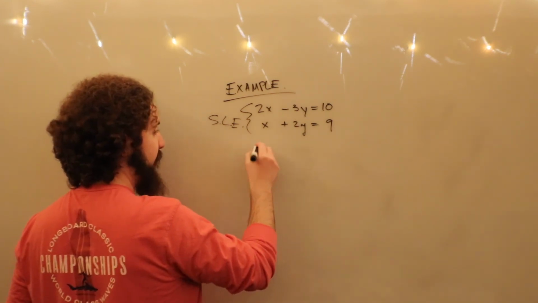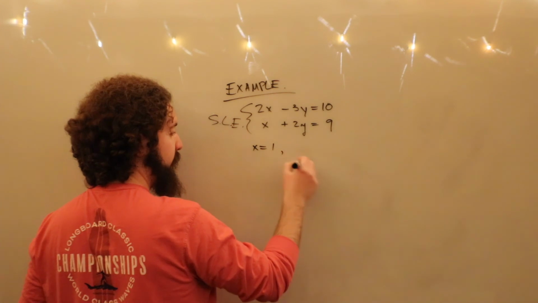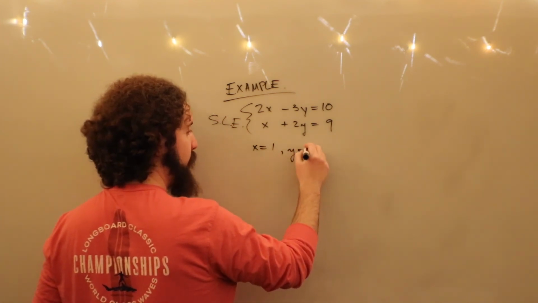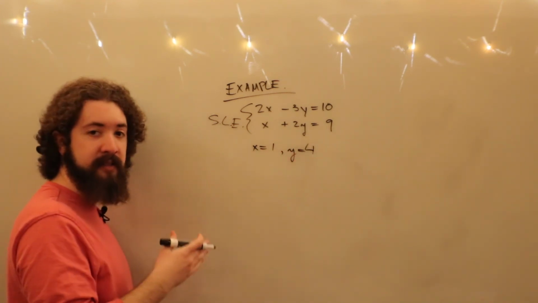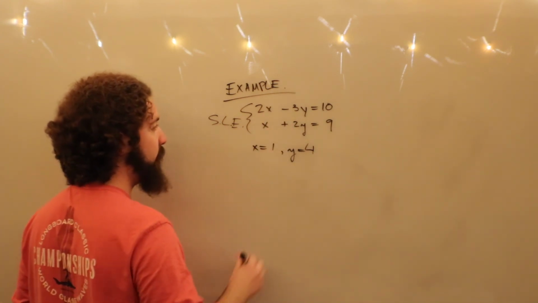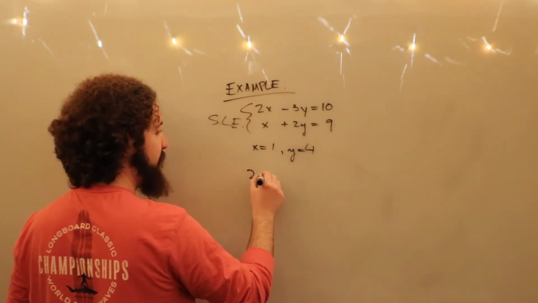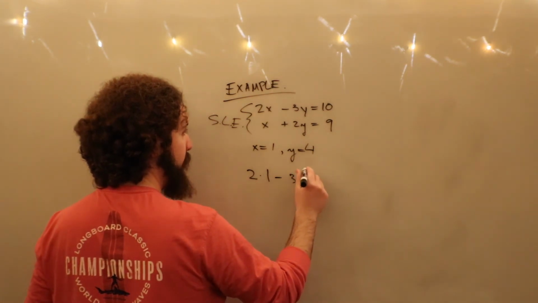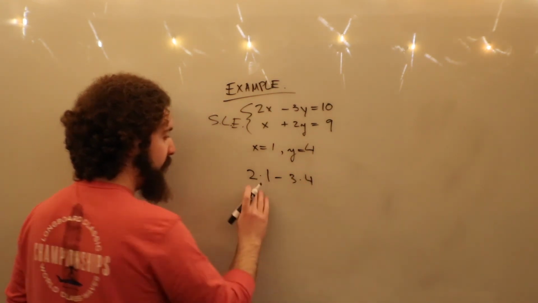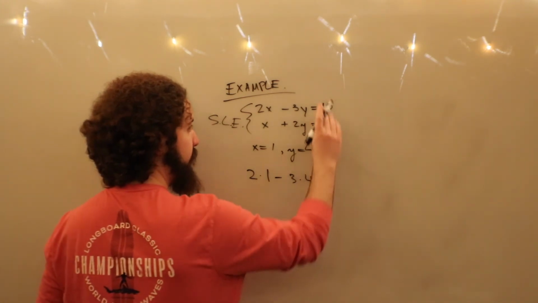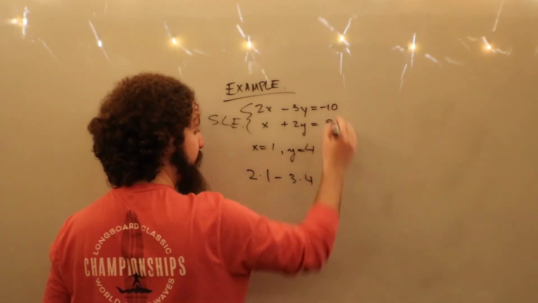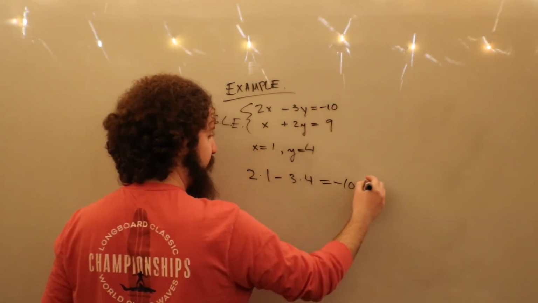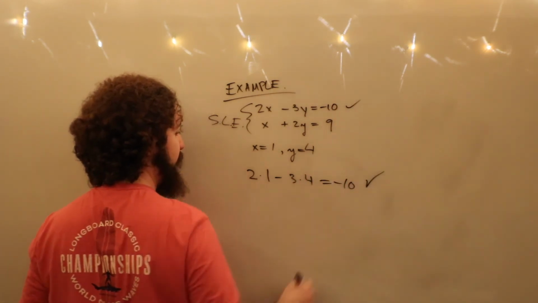So if I were to set x equal to 1 and y equal to 4, let's show that this does indeed solve the pair of equations. So 2 times x, which is 1, minus 3 times y, which is 4. Well, this is 2 minus 12. Oh, this is supposed to be negative 10, my bad. Is equal to negative 10. And the first one is satisfied.